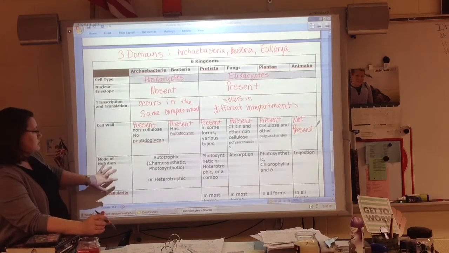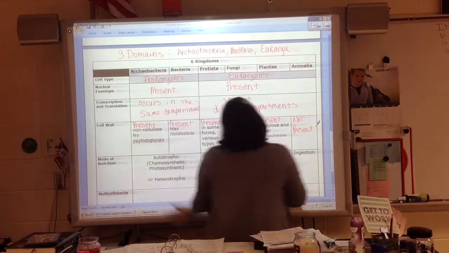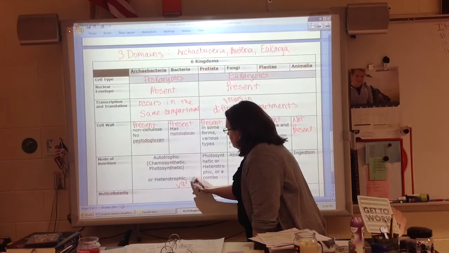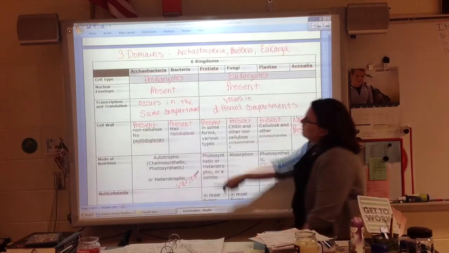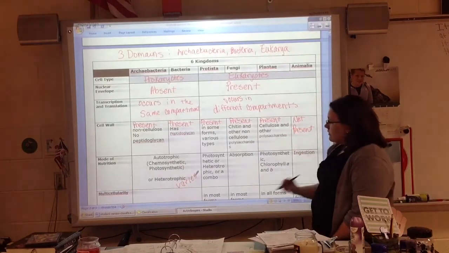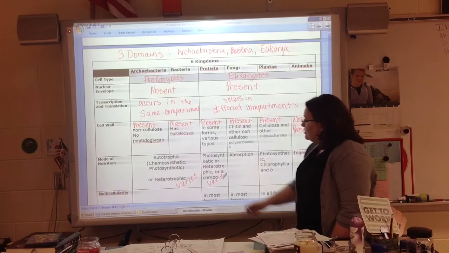For mode of nutrition, we have a variety for archaeobacteria and bacteria. And we have a variety here with Protista.